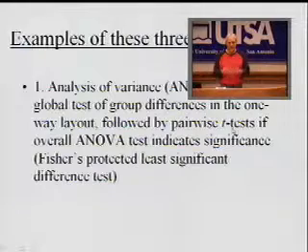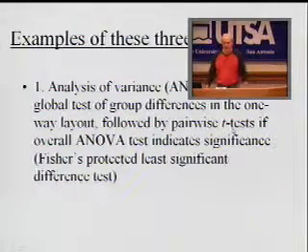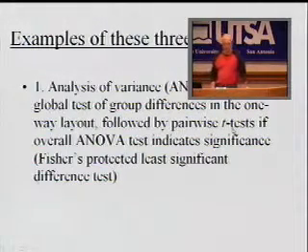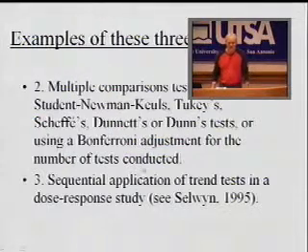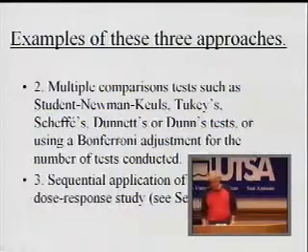Through the design of the formula, a greater stringency, a greater difficulty is built in order to achieve a critical value that establishes significance. So if the overall ANOVA indicates significance, the Fisher protected least significant difference test is one example. Again, we're not going to go through all of these in any level of detail.